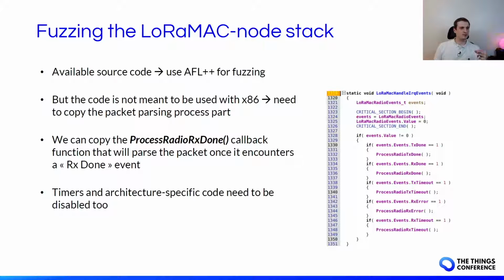But first, we also had to remove all the architecture-specific code in order to make it work, because actually it uses some architecture-specific code at some points, some functions that are specific to an architecture like STM32, etc. As we wanted to make it run on x86, we had to retrieve the important function, which is the process ready Rx down, the function that will be called once it gets a received packet.